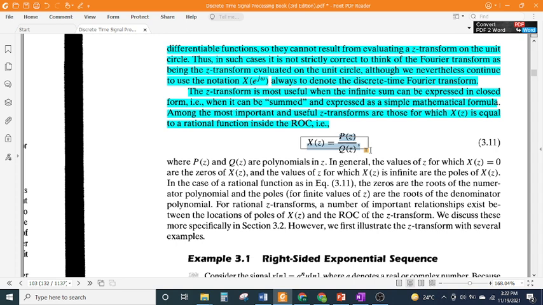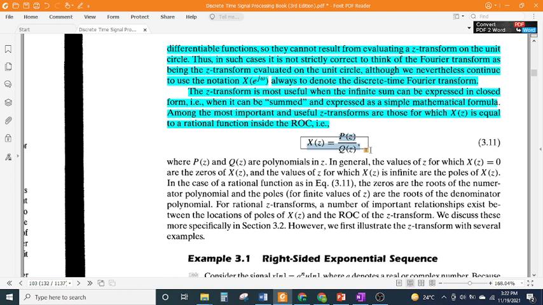Because it is non-zero only for n ≥ 0, this is an example of the class of right-sided sequences, which are sequences that begin at some time n1 and have non-zero values only for n ≥ n1, i.e., they occupy the right side of a plot of the sequence. From Eq. 3.2, X(z) = Σ a^n u[n] z^-n = Σ (az^-1)^n, summed from n = 0 to infinity.